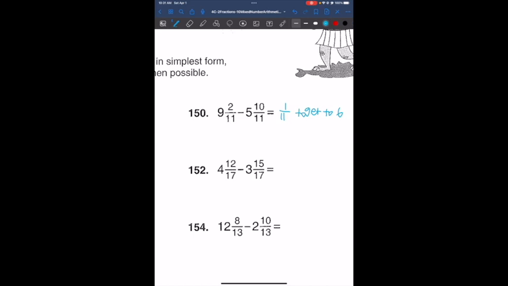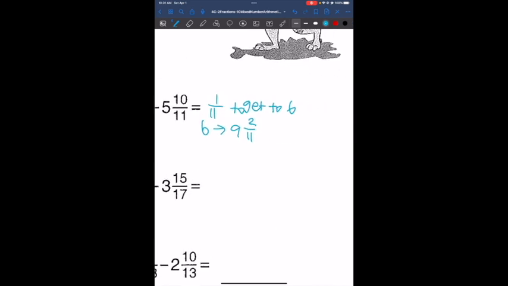And then to get from 6 to 9 and 2 over 11, we need to add 3 and 2 over 11. So 3 and 2 over 11 plus 1 over 11 is going to be 3 and 3 over 11.